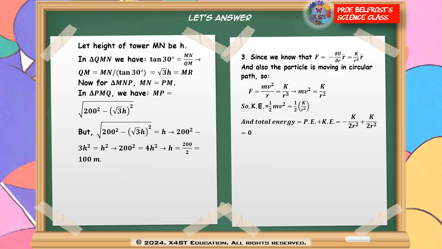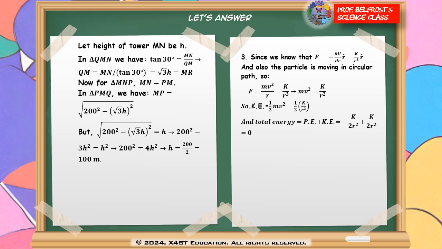Now we analyze the triangle MNP, and we know that MN equals PM. For the triangle PMQ, we have MP equals the square root of 200 squared minus the square root of 3 h, all squared.